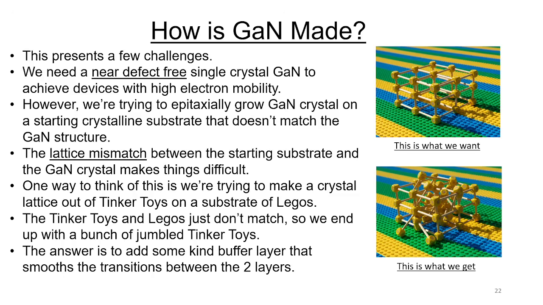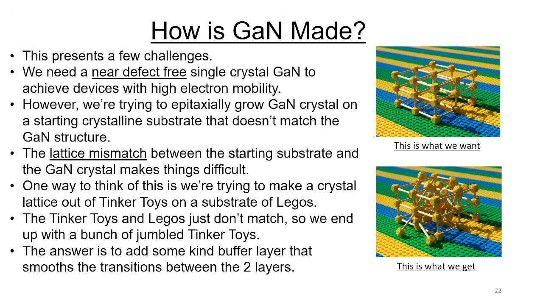First, we need a near defect-free single crystal gallium nitride to achieve the devices with high electron mobility that we want. However, we're trying to epitaxially grow gallium nitride crystal on a starting crystalline substrate that doesn't match the gallium nitride structure. The lattice mismatch between the starting substrate and the gallium nitride crystal just makes things difficult.